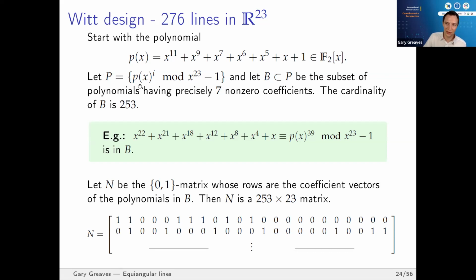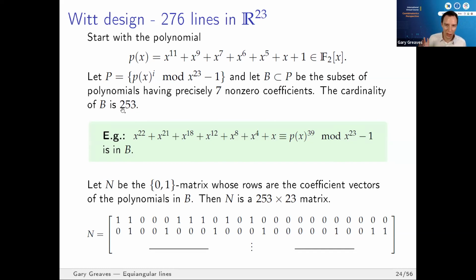So we take this strange set of powers of P, reduce modulo x to the 23 minus 1, and then I take the subset of that where I only consider those polynomials that have 7 non-zero coefficients. The first point is that if you work out B, so you can plug this into your computer, you'll see that the cardinality is 253.